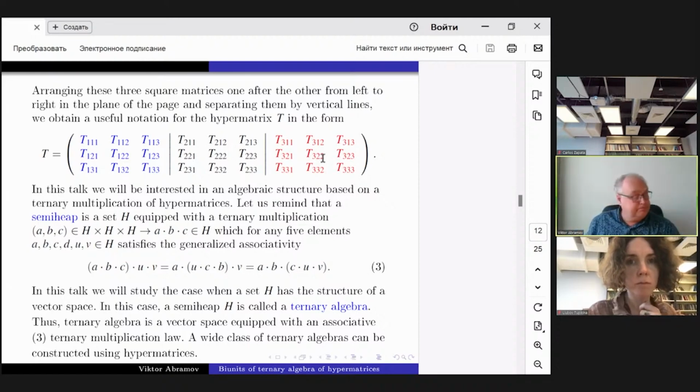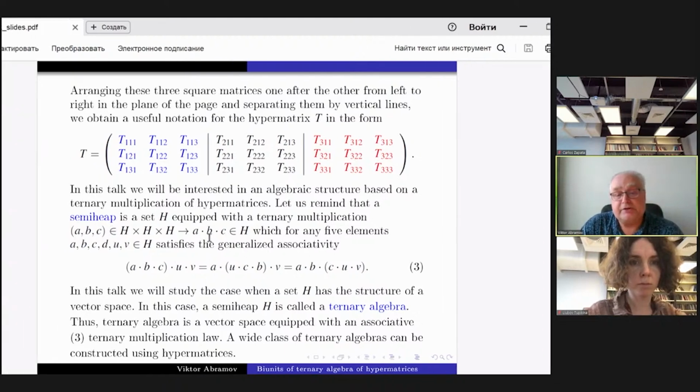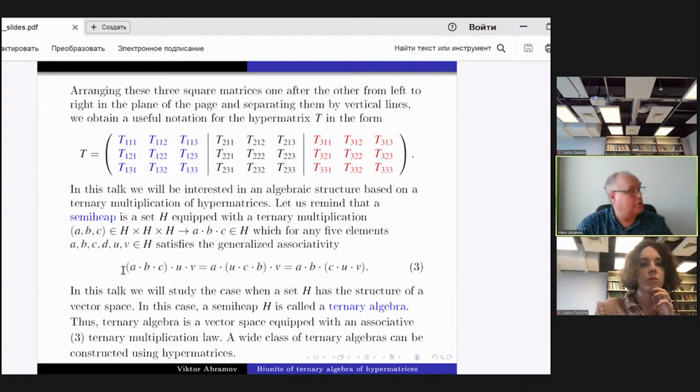And so you know that an algebraic structure called a semi-heap, which is a set equipped with a ternary multiplication, which is denoted by dot, and which satisfies the generalized associativity. If I have 5 elements, then this ternary product satisfies this generalized associativity.